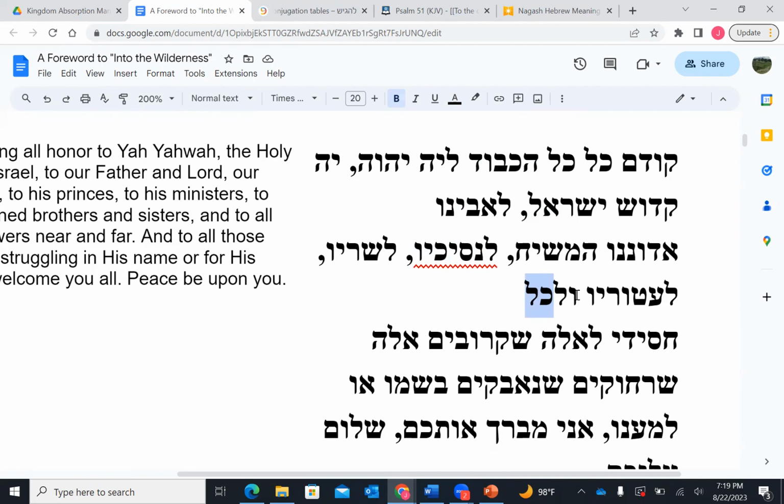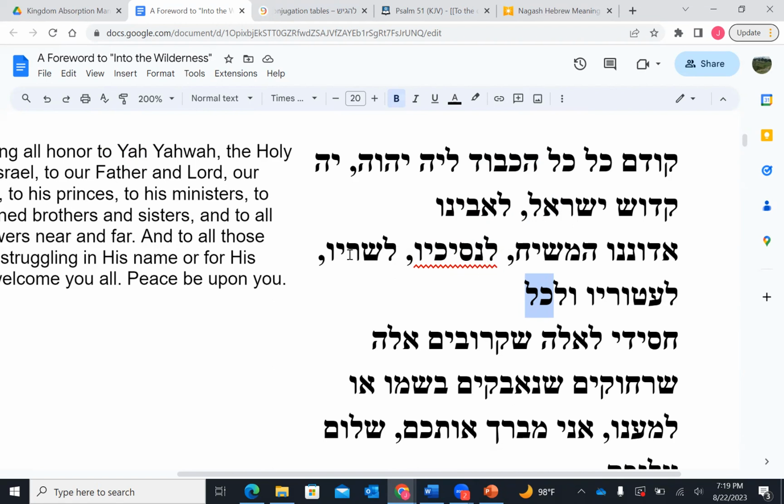Like I said, I transferred or copied this from something else. I didn't write this, so that's how they did it. I would have said Hamashiach le Nasikim, because there are no female Nasiks in the kingdom right now. So I don't know why they say Nasikav. That's a question for somebody with a better understanding than I have.